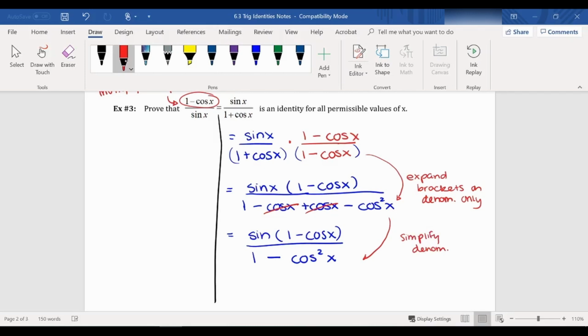And again, this will happen every time. So many of you will skip straight from the first step to the third step, and you won't write in that middle step we have here. That's fine. Most of my questions, like if you look at board questions or whatever, if I've multiplied by a conjugate, I will not show that middle step. I will skip right down to the difference of squares denominator there. Okay.